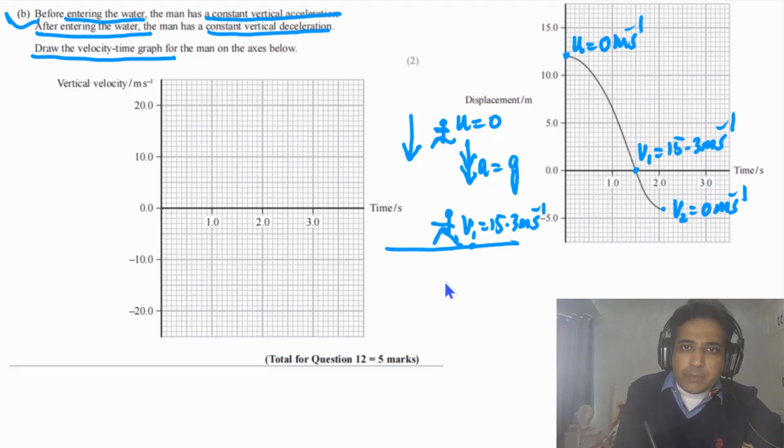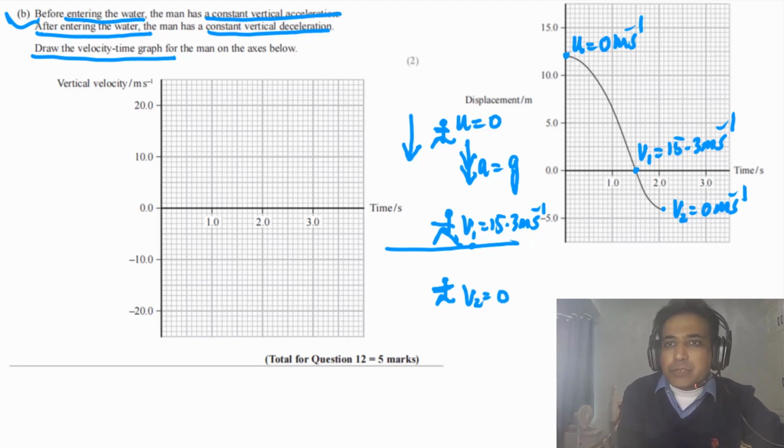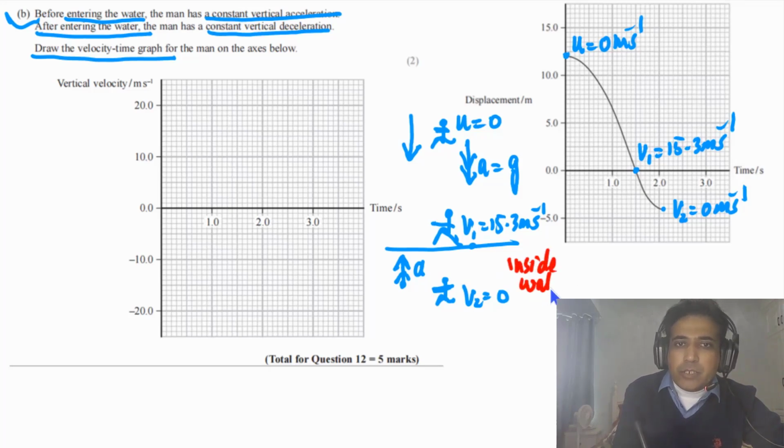And finally, when the person is somewhere in the water, its velocity becomes 0. So at this point v2 is equal to 0. But when the person is inside water, acceleration is upward, so the person will decelerate. This is the direction of acceleration when the person is inside water. This part is representing inside water. So the direction of acceleration is in opposite directions. By convention, we take up as positive.